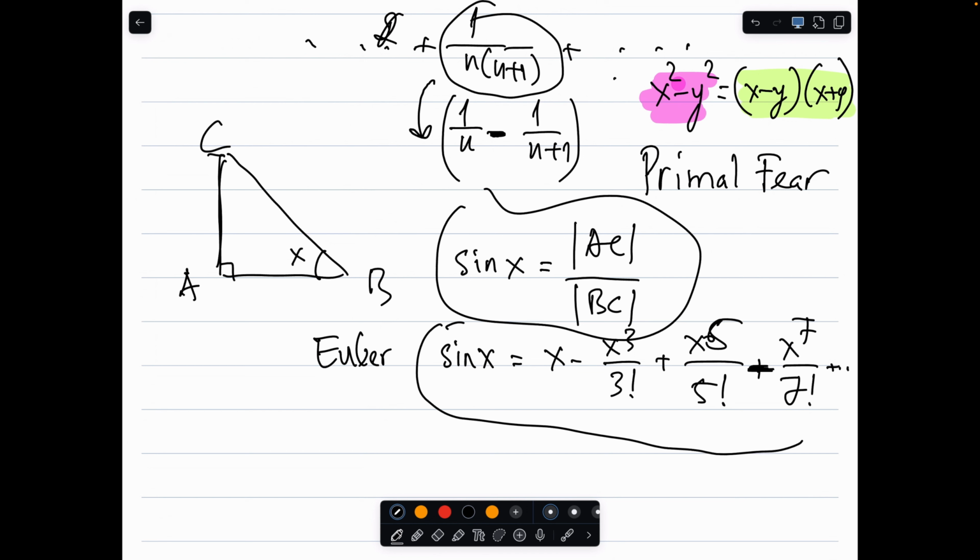This is the same sine. Similarly, sometimes you use this one, and sometimes you use that one. So the more you know about these secrets of mathematical objects, the more you can understand them.